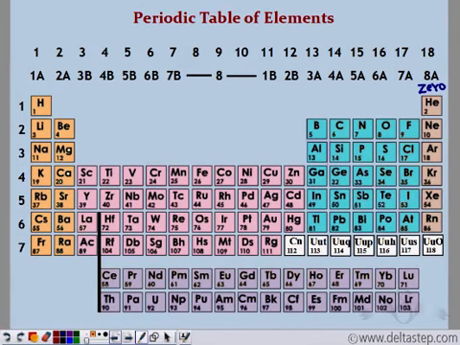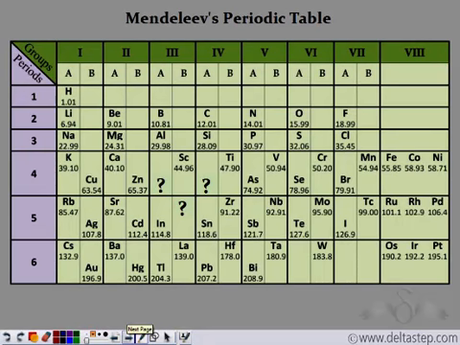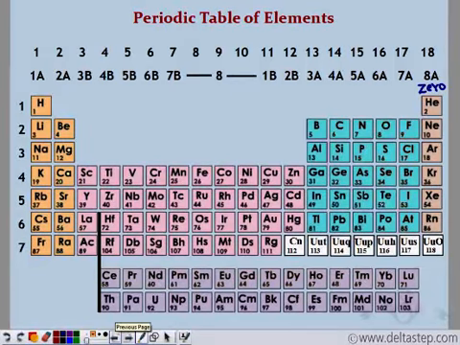If you see here, the elements are also divided as A and B. This was also used in Mendeleev's periodic table. He had used A and B in the same groups. So Moseley separated the elements belonging to groups A and B. He placed the elements belonging to group B in the center.